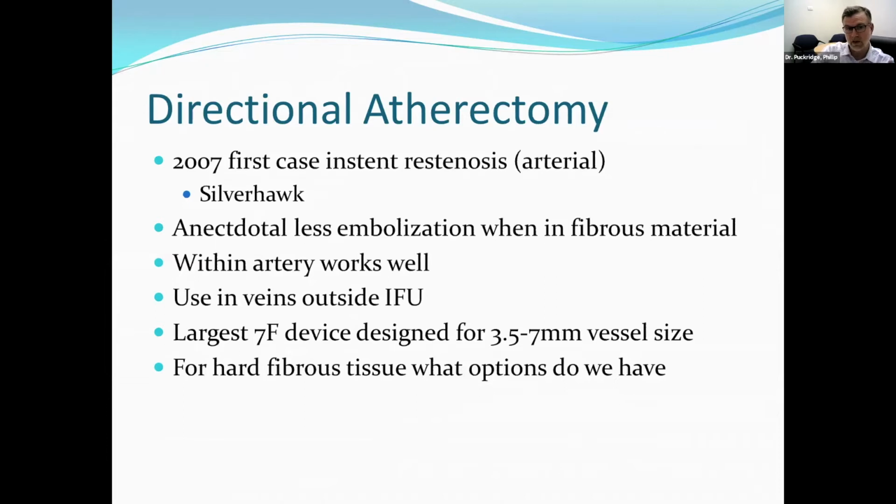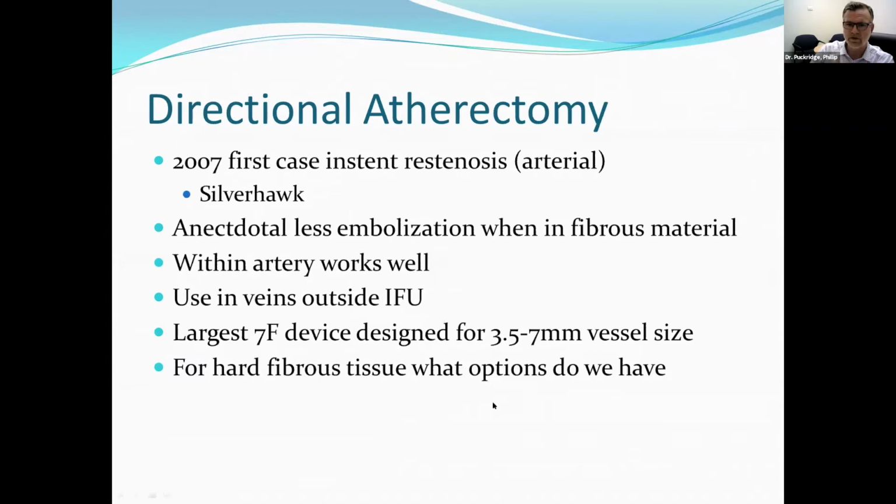This was with in-stent restenosis within arterial disease, and my experience was that we get less embolization when we're in fibrous material than calcified plaque. When we're doing what I'm talking about, we are definitely outside the IFU, and the largest device is designed for up to a 7 mil vessel, and to create a good lumen for a 7 mil vessel.